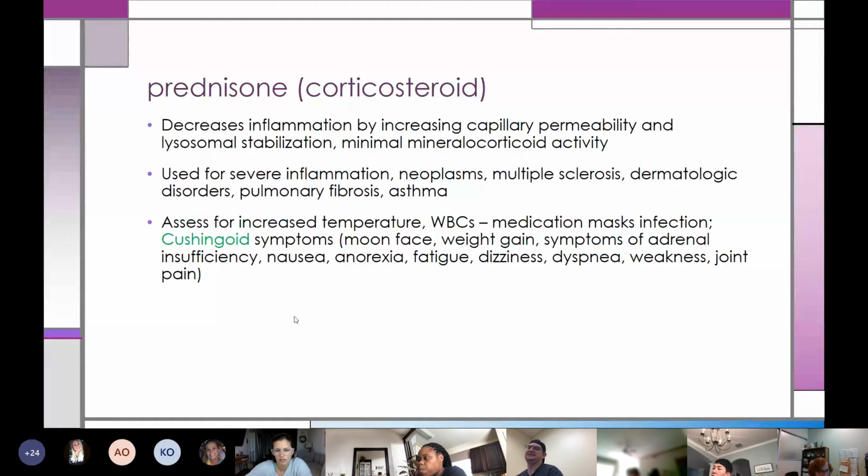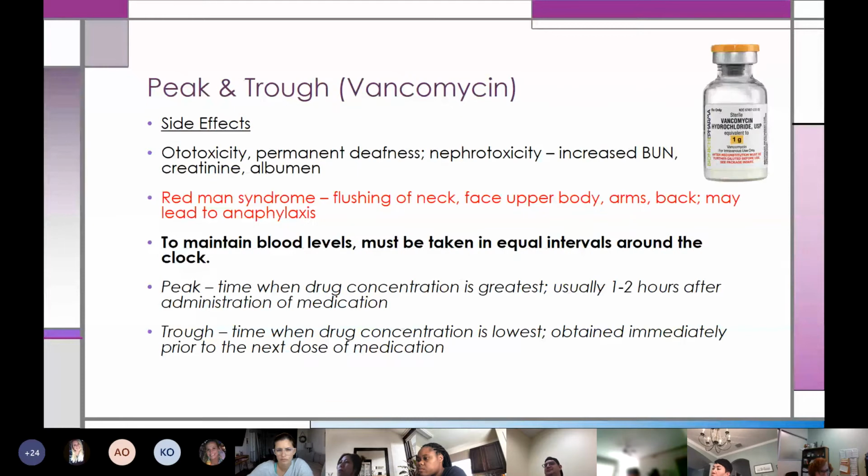There's going to be a problem with the albumin as well. So Redman syndrome, I'm sure you've heard about that one. This is where the patient becomes flushed in the neck and the upper body, and they look awful. That could lead to anaphylaxis. So whenever you are administering a mycin drug, particularly vancomycin, look for these things.